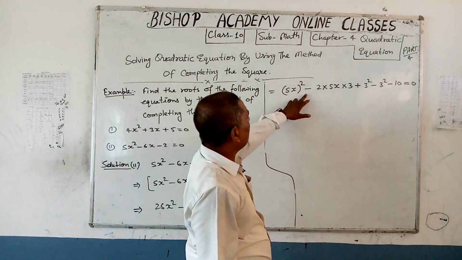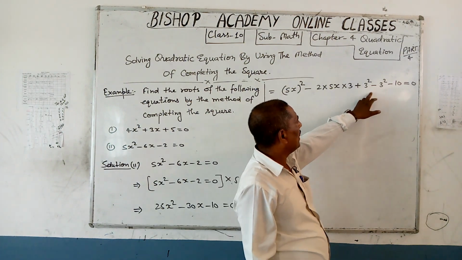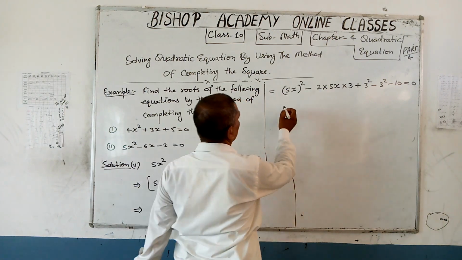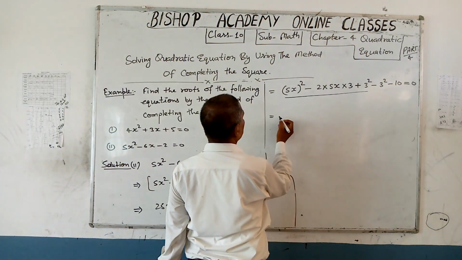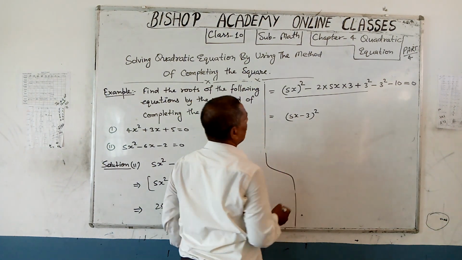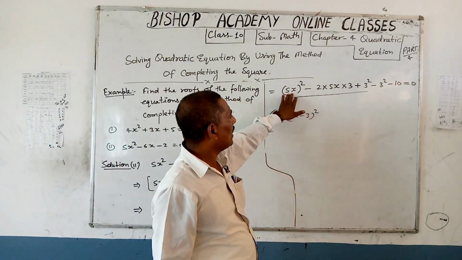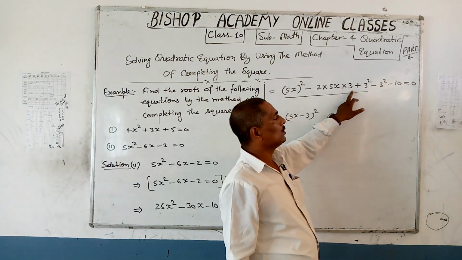So 5x square minus 2 into 5x into 3 plus 3 square minus 3 square minus 10 is equal to 0. You can see that this expression is just equal to 5x minus 3 whole square, because this expression is in the form a square plus b square minus 2 into a into b.